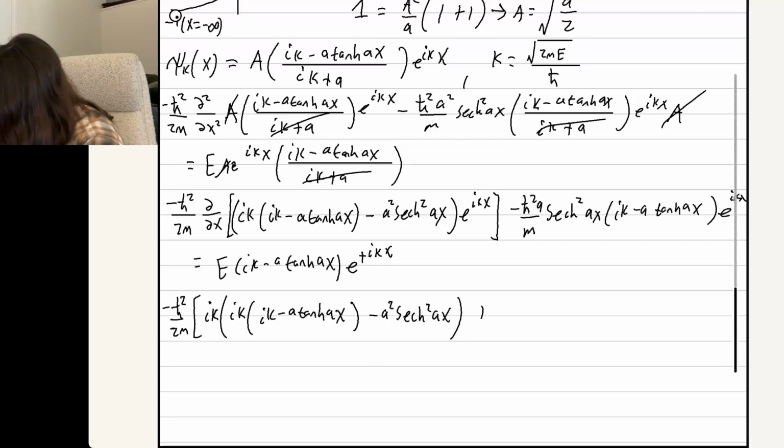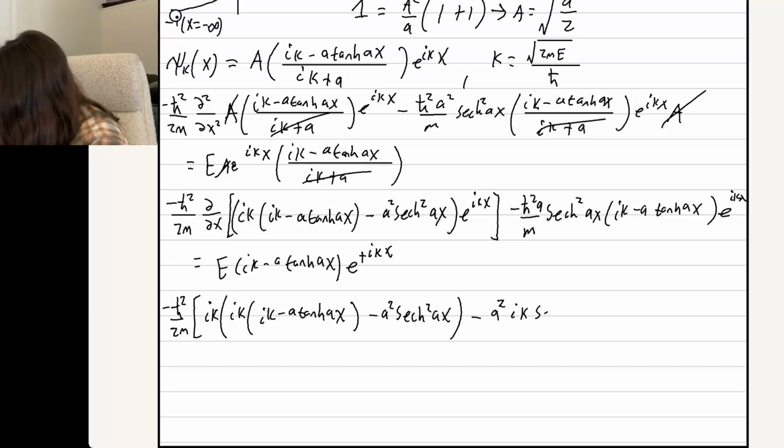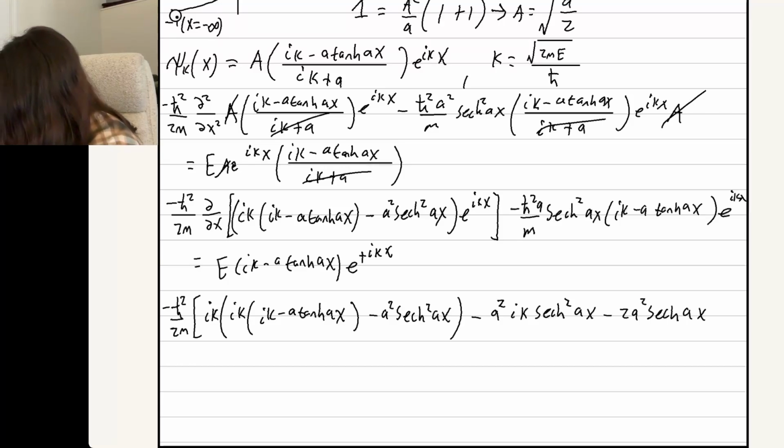So plus, it's actually minus a squared ik sech squared ax, and then the derivative of sech squared is going to be minus 2a squared sech ax times minus a sech ax tanh ax.